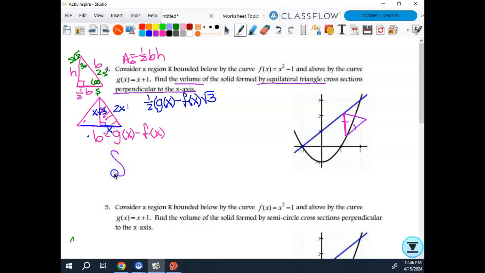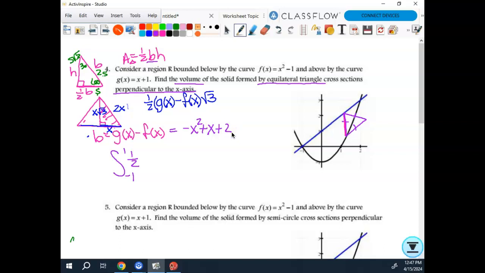So we're going to integrate from -1 to 2, and I have to find the area, right? I find the area of the triangle by doing 1/2 times the base. The base length is my g of x minus f of x, which we've already figured out a couple of times is -x squared plus x plus 2.